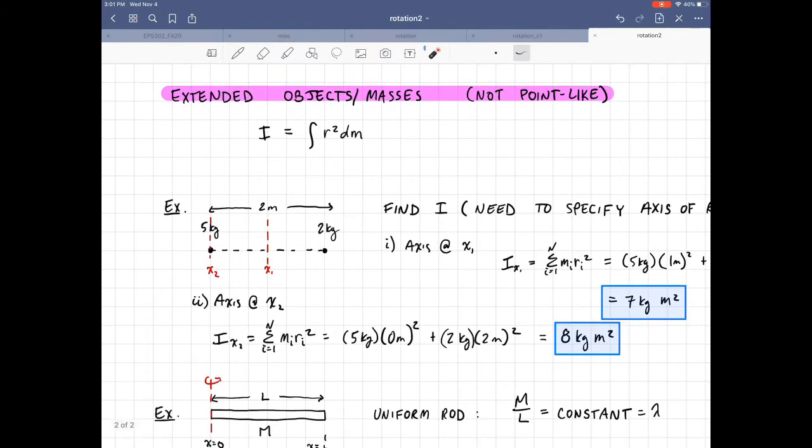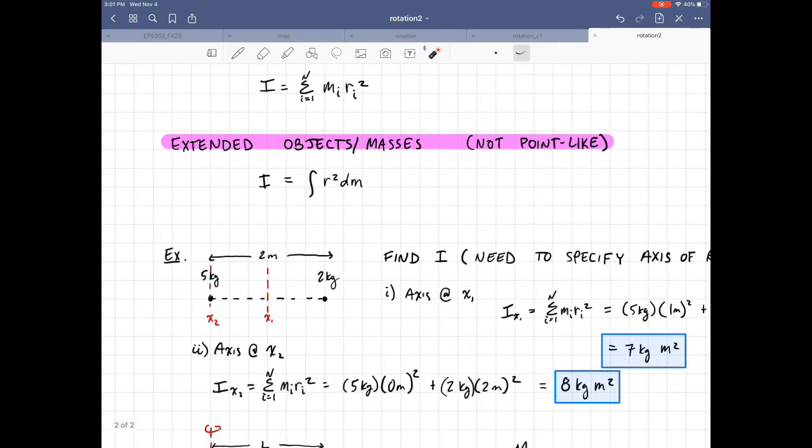So here's my finite example. I've got 2 masses, a 5 kilogram mass over here on the left, and a 2 kilogram mass over here on the right, and the 2 masses are separated by 2 meters. What I'm going to do is find the moment of inertia about this x1 axis.